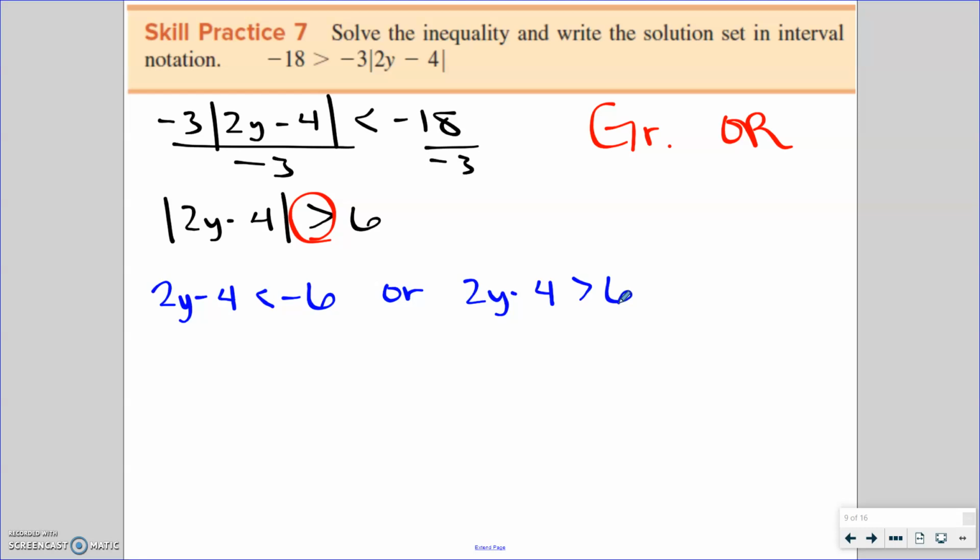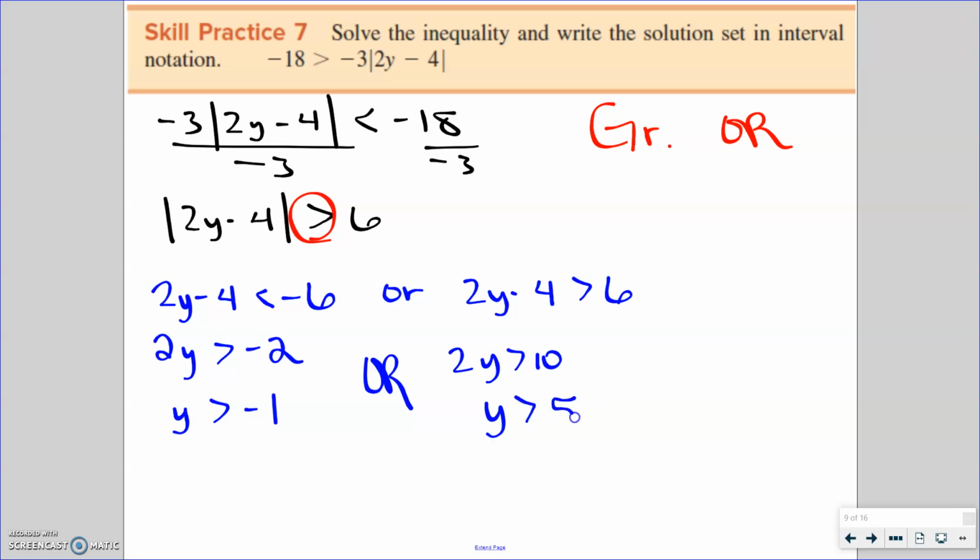And now I solve them separately. So add 4, 2y is greater than -2, divide by 2, y is greater than -1. Or add 4 and you get 2y is greater than 10, divide by 2, y is greater than 5.